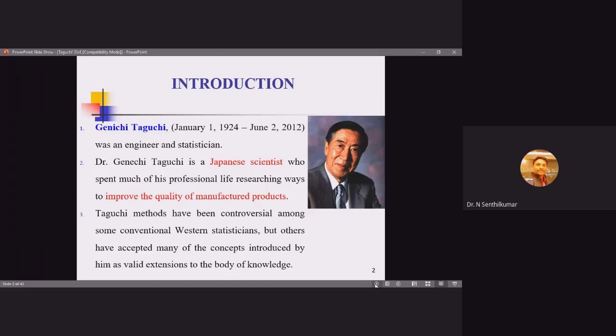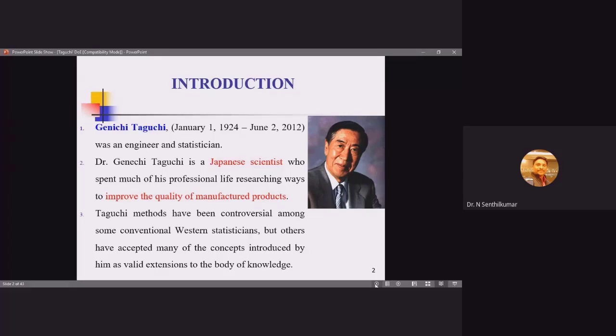Right. Taguchi's method was not accepted by Western statisticians. For example, in the DOE, we have a reduced number of experiments compared to full factorial designs, very, very few experiments, which makes the Western statisticians not accept these controversial design procedures.